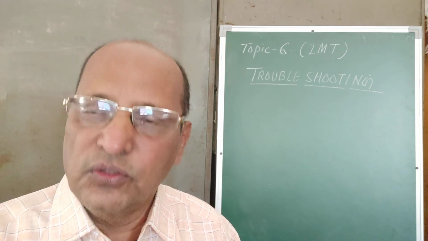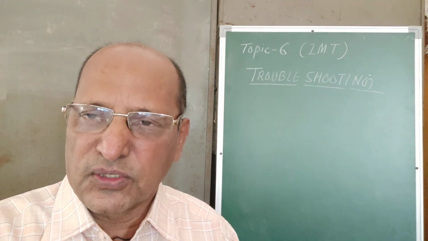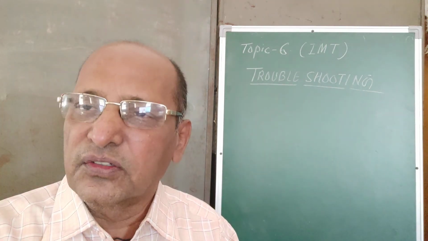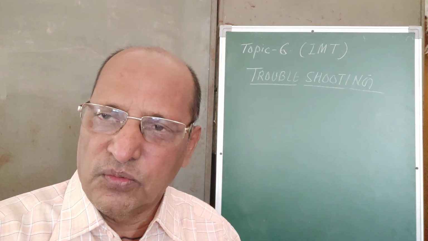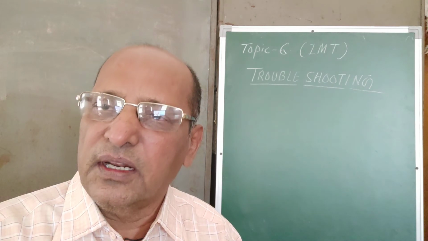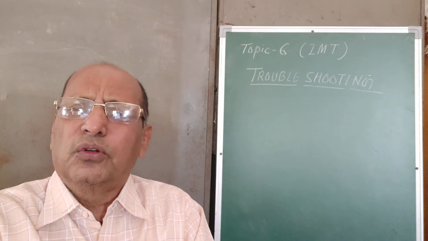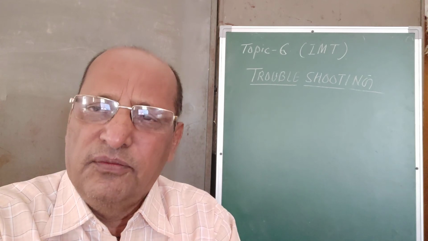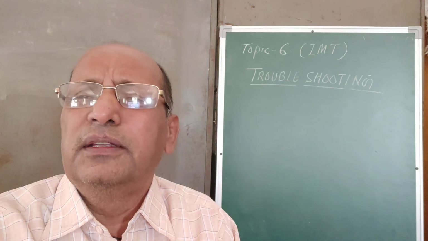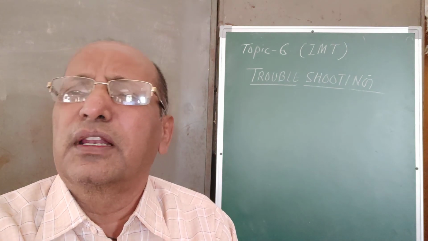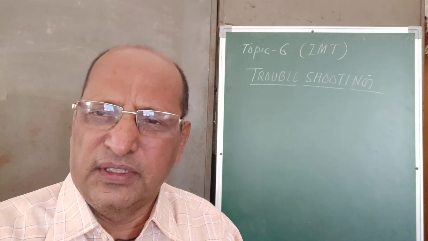I hope that you will prepare the troubleshooting chart for the transformer, at least induction motor, DC motors, distribution transformer, and power transformer. It is not necessary to go the lengthy way in preparing the troubleshooting chart. Only 5 to 6 points for each troubleshooting chart is more than sufficient.